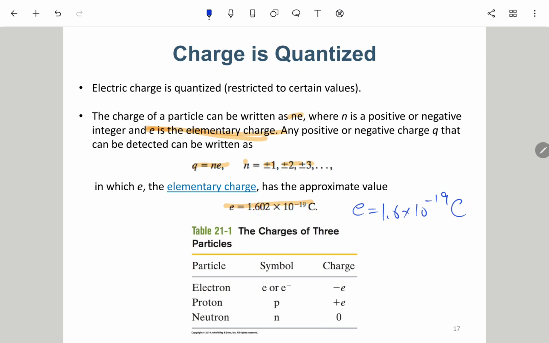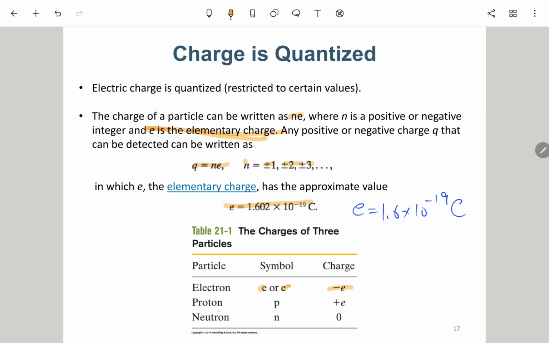Below is a table with three particles that you should have learned in high school chemistry, inside an atom: the electron, the proton, and the neutron. The electron is usually denoted by e or e minus, with a charge of negative e.